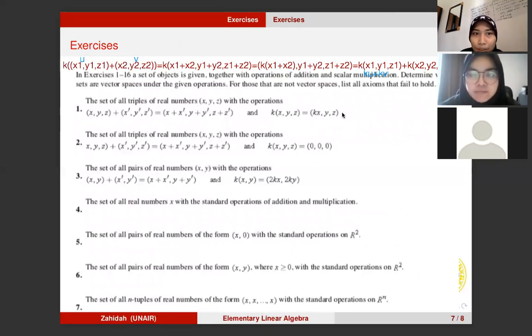Like I said before, we have a set with these two operations, addition and scalar multiplication, depending on our case. In this case, the addition operation is standard, but not the scalar multiplication, because here our scalar multiplication is k times (x, y, z) equals (kx, y, z). The second and third components are without k. We don't need to multiply the second and third components by k.